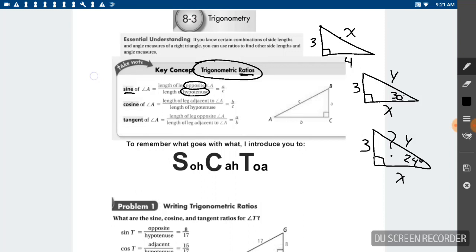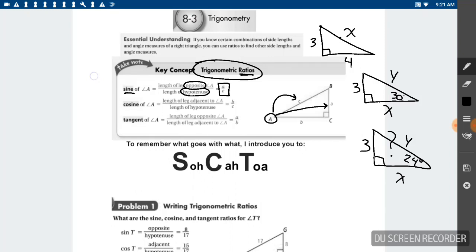So for instance, if I'm referring to angle A, then the opposite side of A is right there. And of course, the hypotenuse is always the side across from the right angle. So when you want to compare the opposite side to the hypotenuse of an angle in a right triangle, we refer to the sine of the angle.